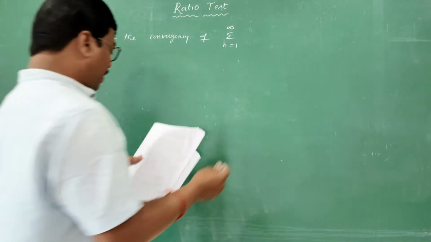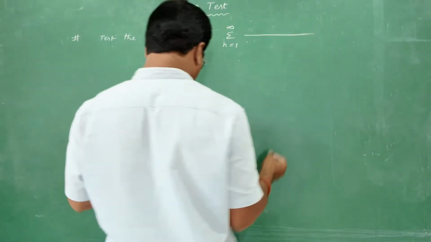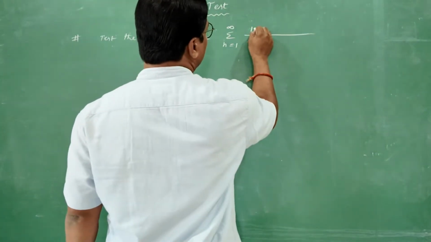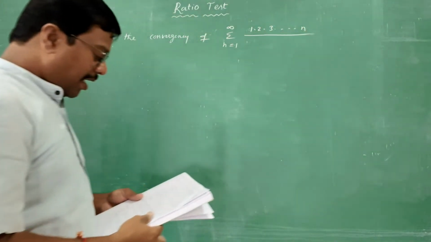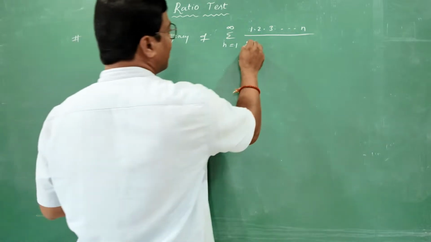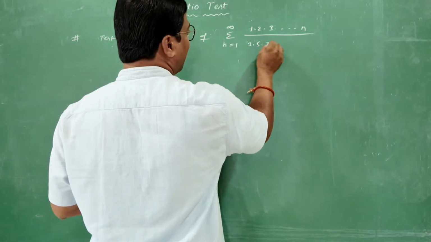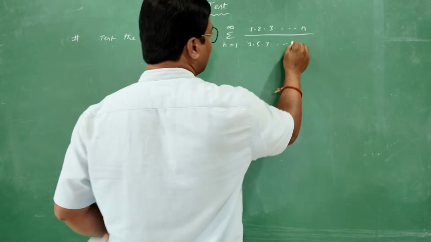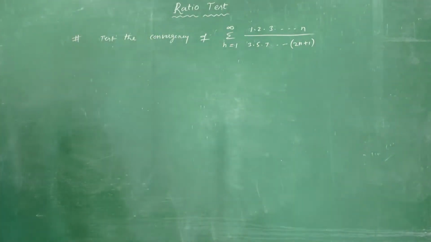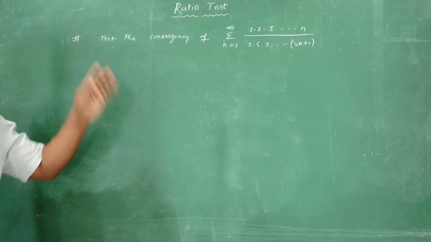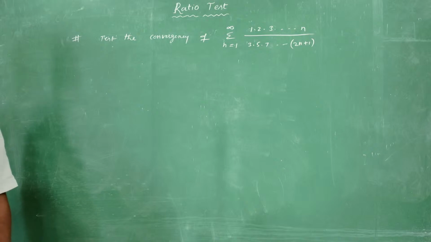In the numerator part, given the product of numbers 1, 2, 3 and so on up to n, and in the denominator part, given 3 multiplied by 5 multiplied by 7 and so on up to 2n plus 1. So this is the question. Both numerator and denominator have a product of so many numbers: 1, 2, 3 and so on n in the numerator, and 3, 5, 7 and so on 2n plus 1 in the denominator part.